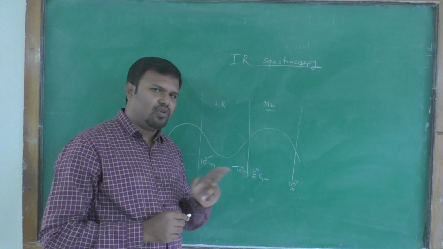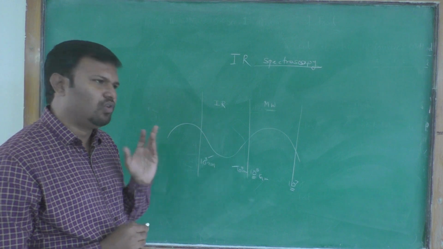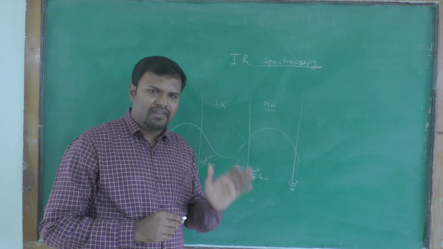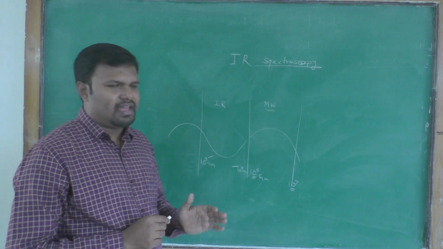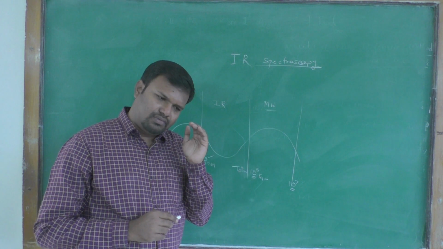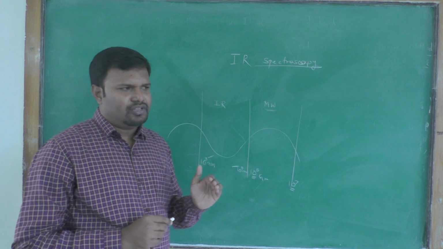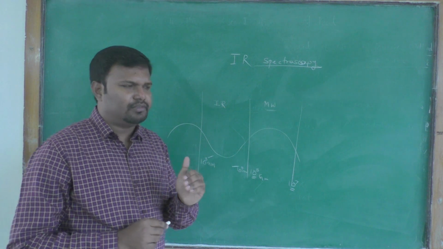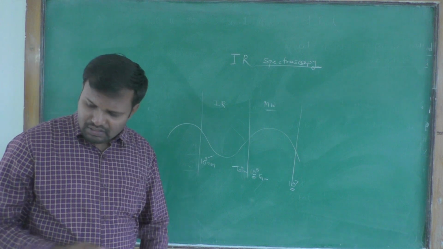Diatomic means two atoms. HCl is a diatomic molecule, hydrogen and chlorine. It has a dipole moment, therefore it is IR active. A substance without a dipole moment is not IR active, and a substance with a dipole moment is IR active.